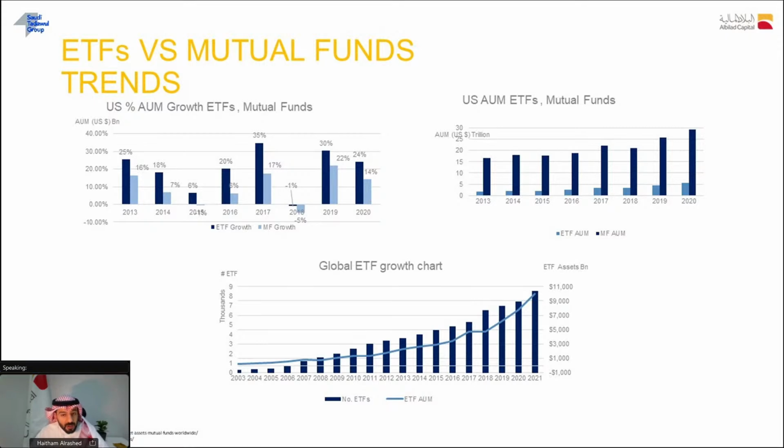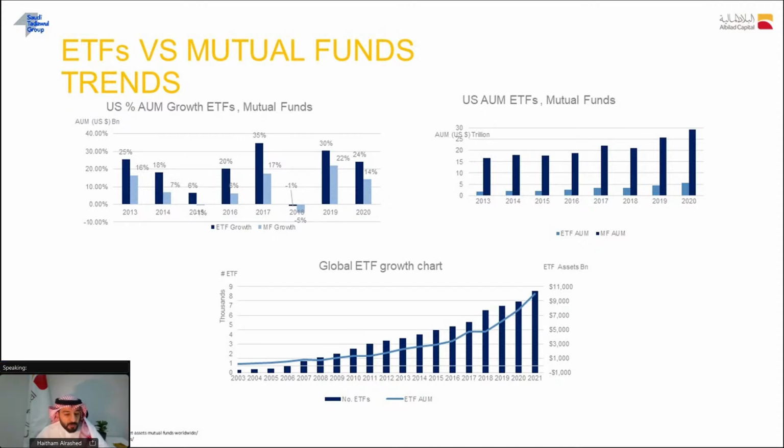Yes, there's still the graph on the right that shows the mutual fund AUM is much larger. It sits at 30 trillion compared to less than 10 trillion for ETFs in the US market. So that shows how the trend goes, yet there is still huge potential for it to capture more market share from traditional mutual funds.